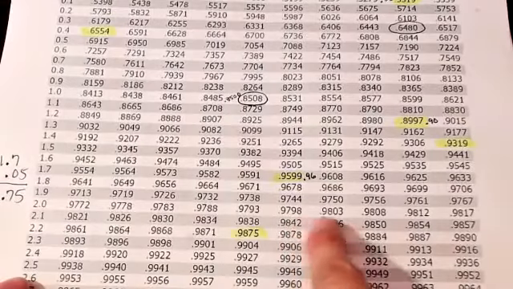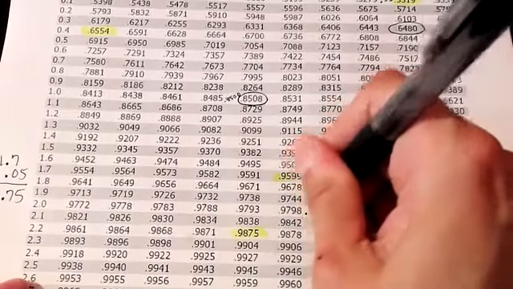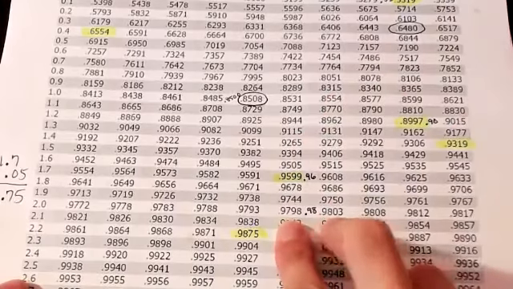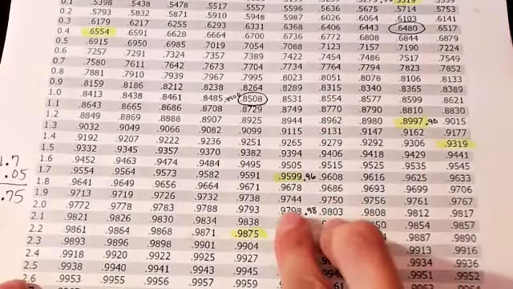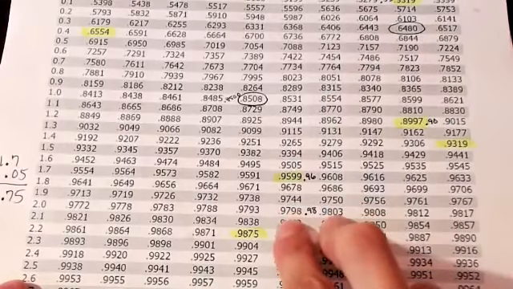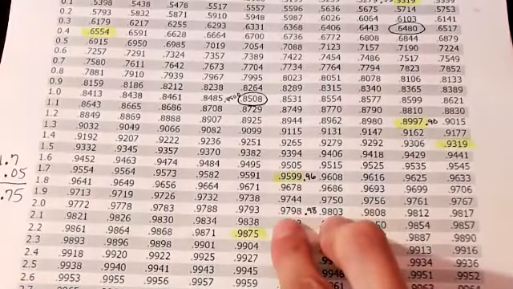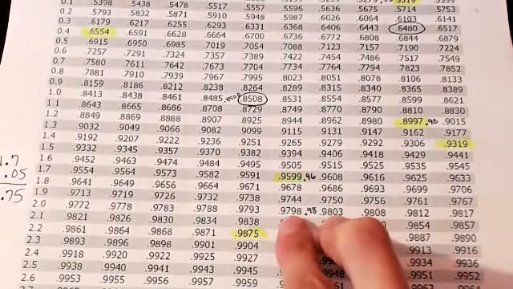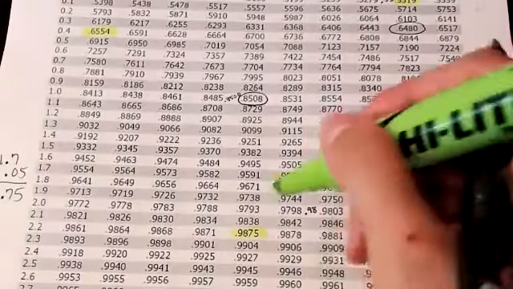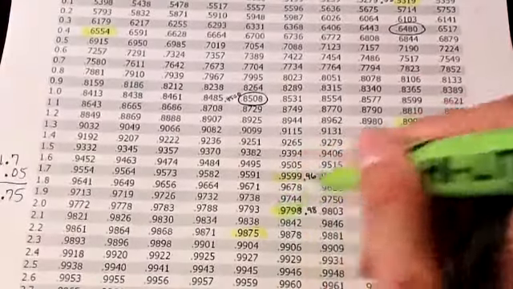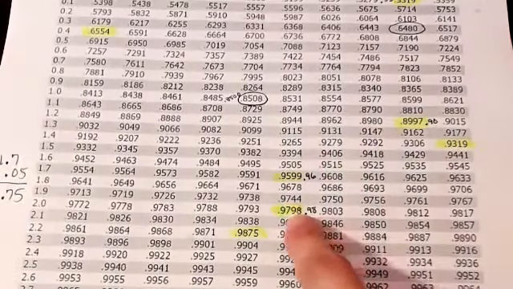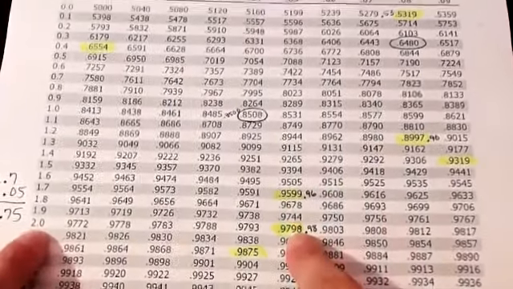I'm looking across for 0.98, and I see that 0.98 would sit between these two values, 0.9798 and 0.9803. We have to figure out which one it's closest to. If you subtract the values, 0.98 minus the first one versus 0.9803 minus 0.98, you'll see that we're closer to the left than to the right, which implies that our Z-score is 2.05.